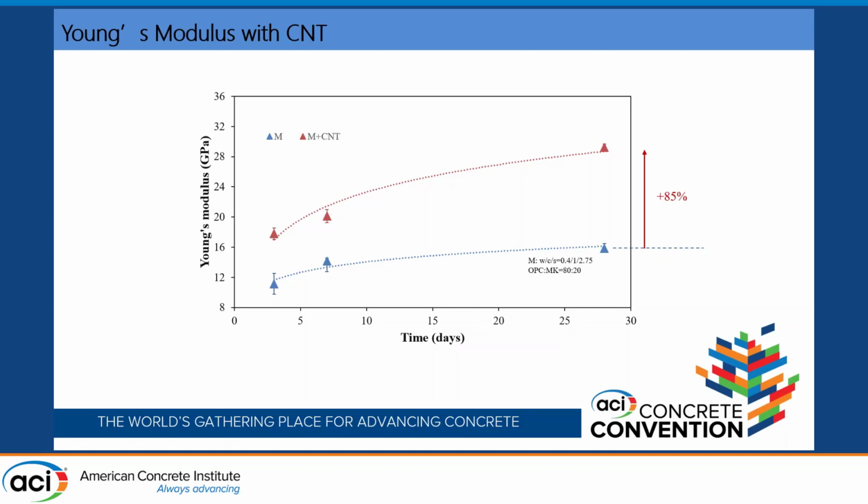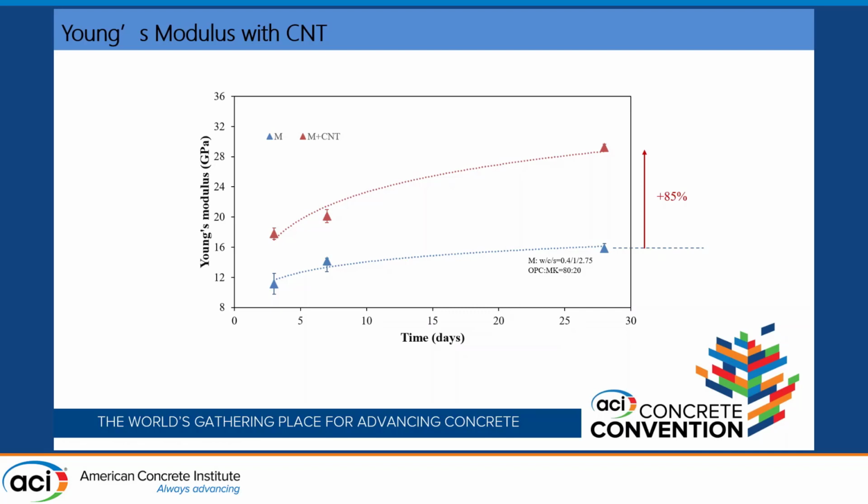So these observations that we made on early age hydration, increased polymerization and reduced crystal size have implications for mechanical property. Now, earlier, the work done at Purdue University with titanium dioxide showed that titanium dioxide also reduces the size of calcium hydroxide crystal.